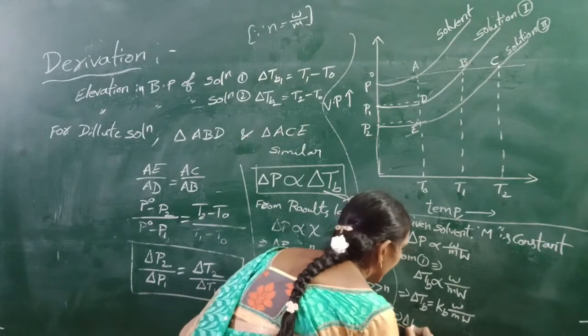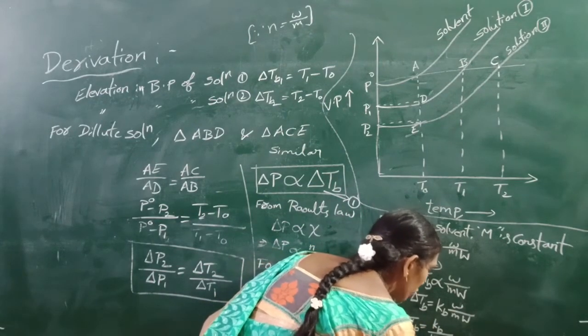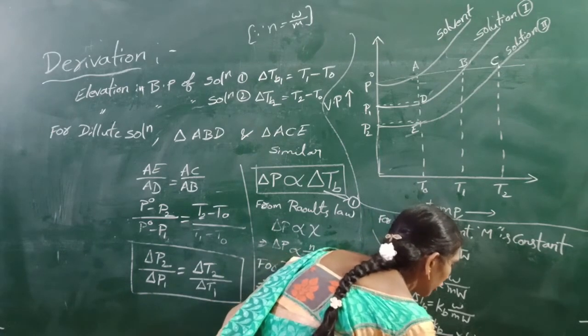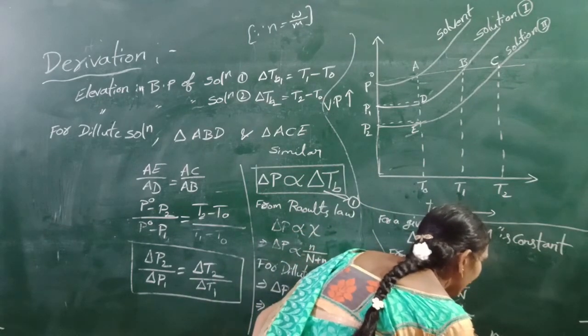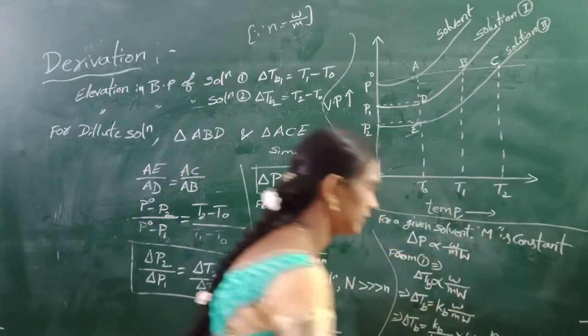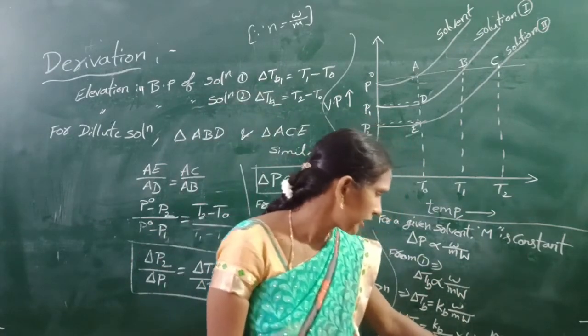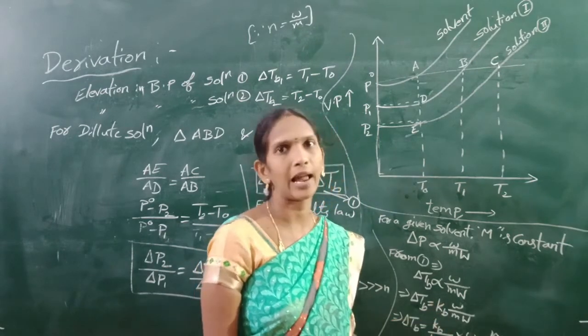That means delta TB is equal to Kb by 1000 into weight by molecular weight into 1000 by weight in grams. Multiplying by 1000 and dividing by 1000, there is no change in this value.